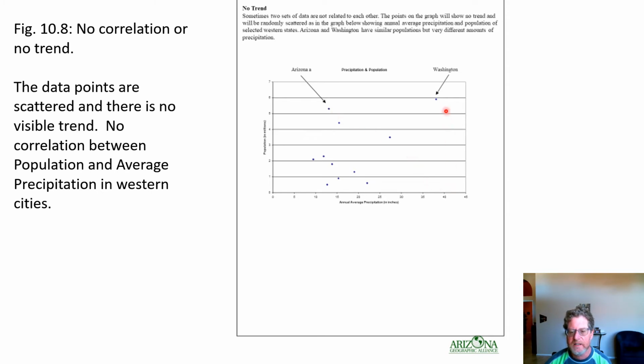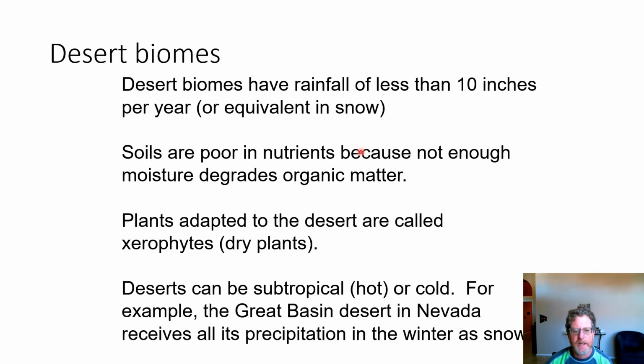Here's a city in Washington State, and this city has high precipitation and a high population, but then there are a bunch of cities here that they have different amounts of precipitation and lower population. So there's no relationship. People don't all live in the cities with more rainfall, or they don't all live in the drier cities.